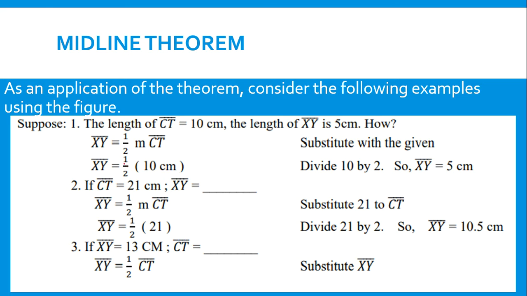That is 1/2 times 10 centimeters, or 10 divided by 2. You can also cross-cancel. So XY equals 5 centimeters. That is the answer for number 1.